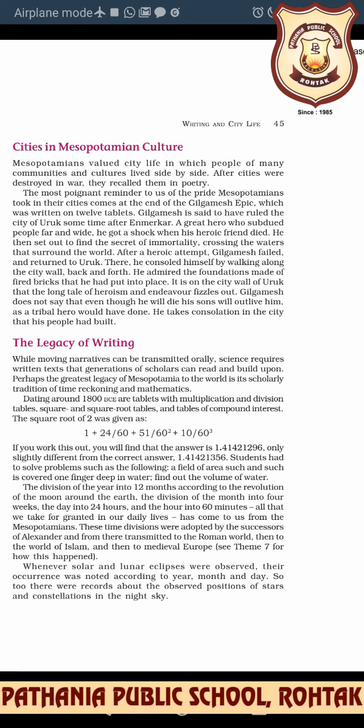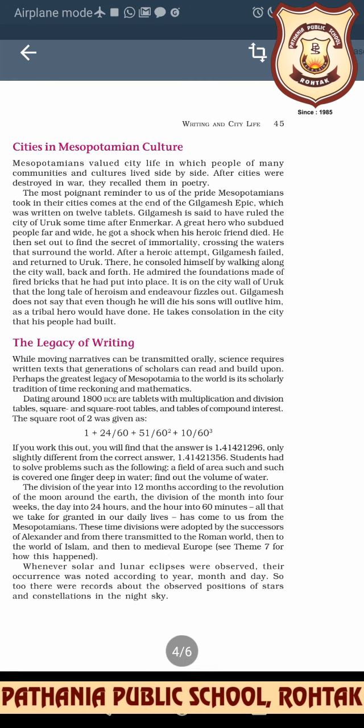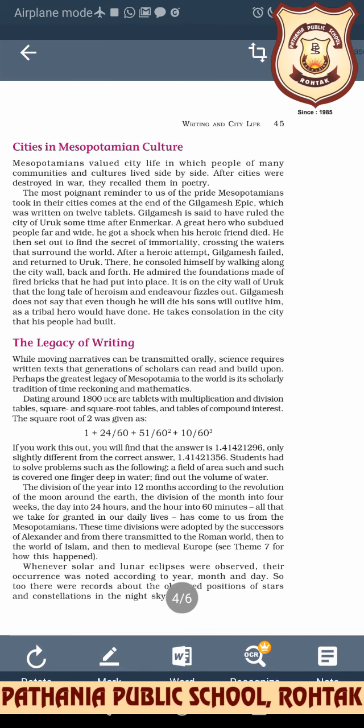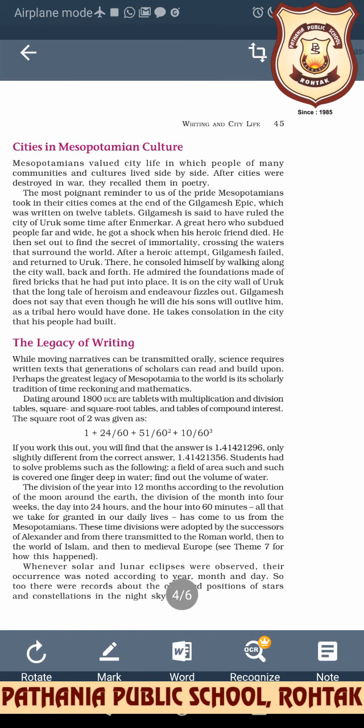So all these divisions of time and days were invented by Mesopotamians. And these time divisions were adopted by the successors of Alexander, and from there they were transmitted to the Roman world, then to the world of Islam, and then all over medieval Europe.